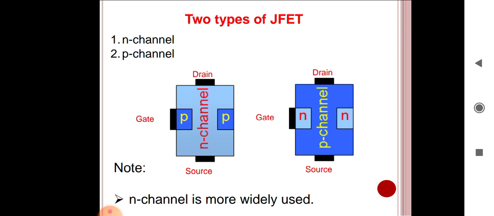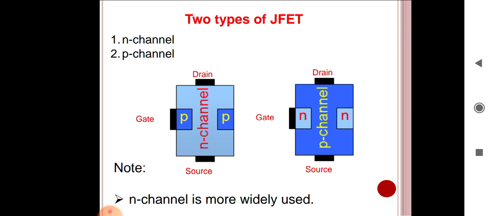For the P channel, the large cross-sectional area is made up of P-type semiconductor. It looks like a channel, that's why it is called a P channel. The two slices of N-type semiconductor are mounted on the P channel. The gate terminal is connected to the N-type, and the drain and source terminals are connected to the P channel.